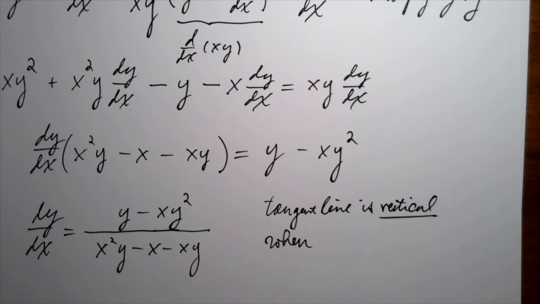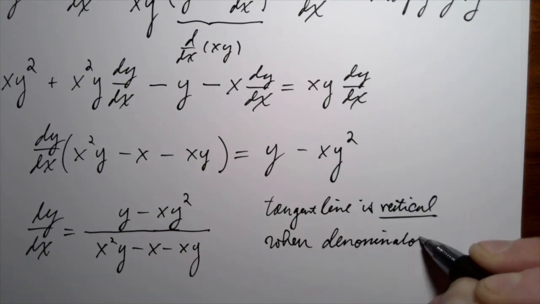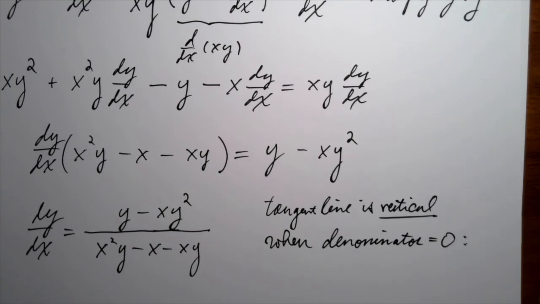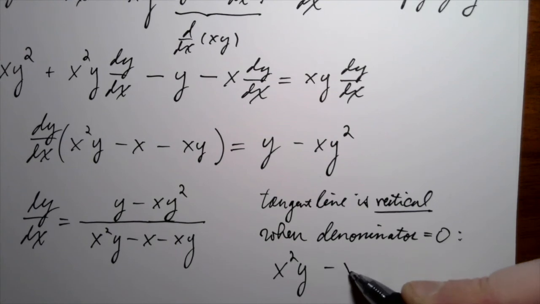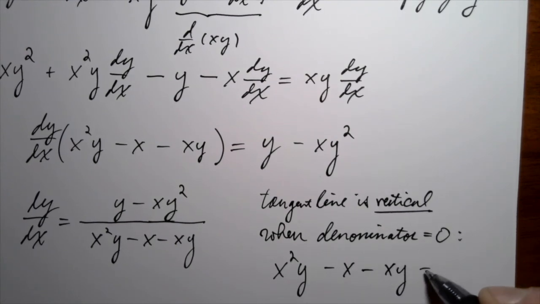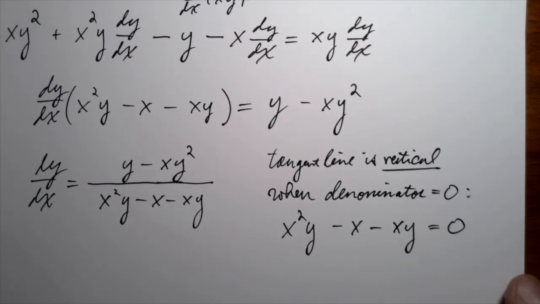So in other words, when the denominator in that expression is 0, giving us an ill-defined derivative. That's true when x squared y minus x minus xy is equal to 0. So that's the expression that we need to solve for to figure out where the tangent line is vertical.